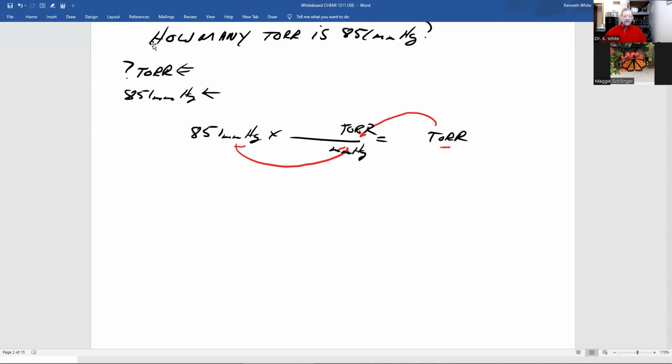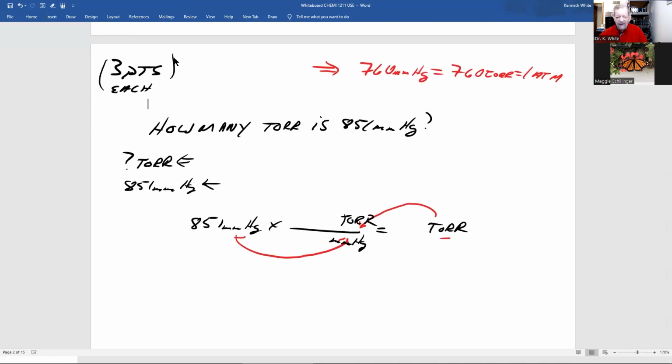And now where do I get those numbers? Well, right here. 760 torr equals 760 millimeters of mercury.